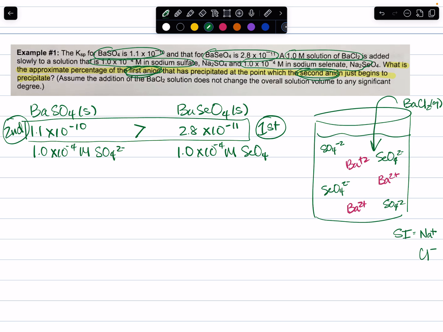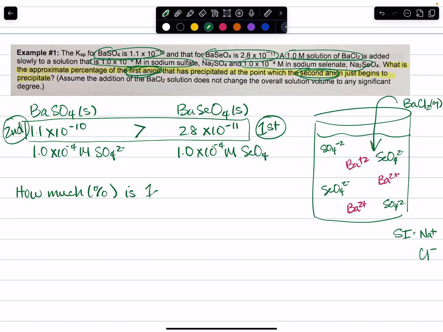Now, if I had different ions or the amounts of those ions were not the same, I would need to calculate, just like we did in the problem above. All right, so we know what solid is going to precipitate first. I could do the math and show you that, but we can do it directly by comparison for this particular setup.